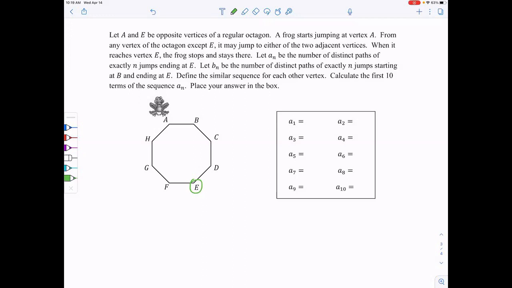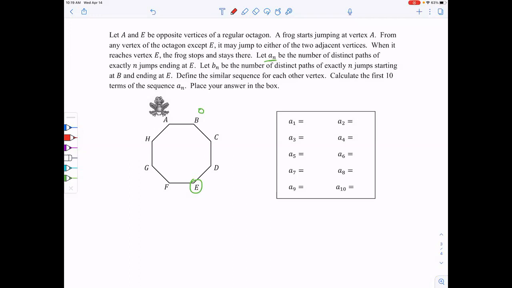So we're going to let A sub n be the number of distinct paths, so the number of different choices the frog has, jumping from vertex to vertex, landing at vertex E. And we'll do a similar thing for all of the other vertices.